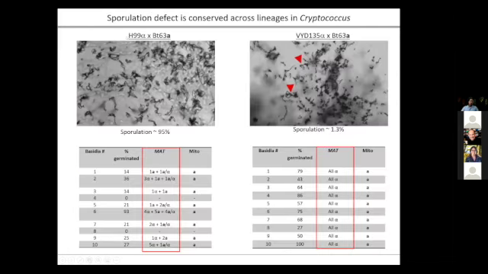So when you do it for wild type H99, you see these nice spore chains popping up. And then when you dissect the spore chains, you have progeny that is a mix of MAT A and MAT alpha, and most of the time, aneuploids in this particular case.